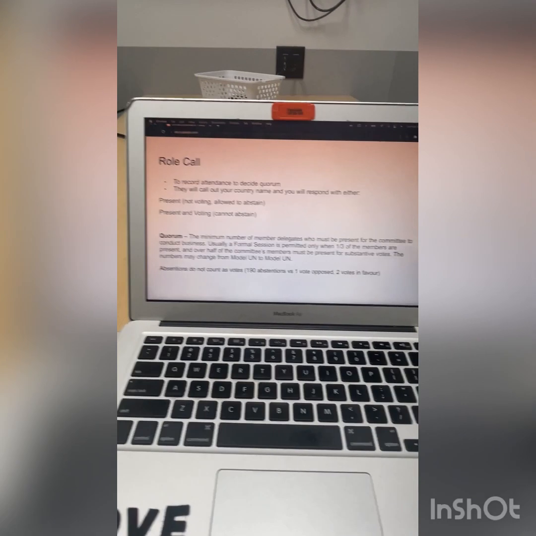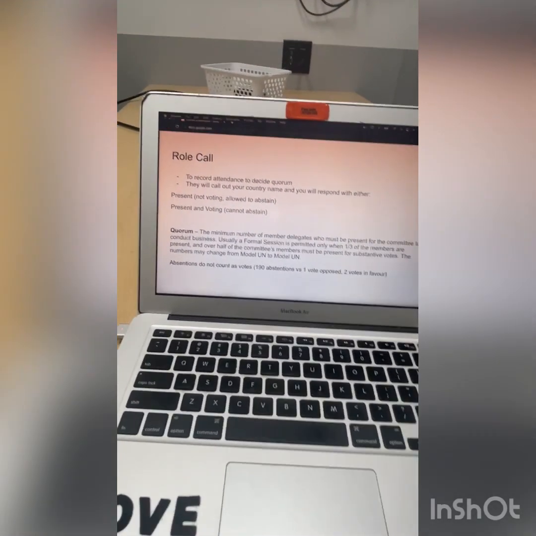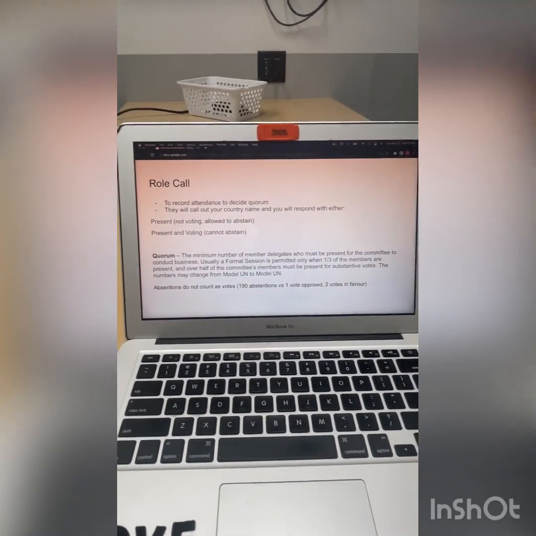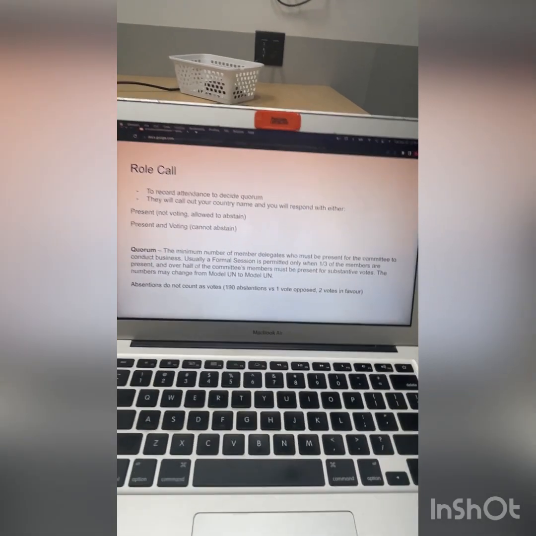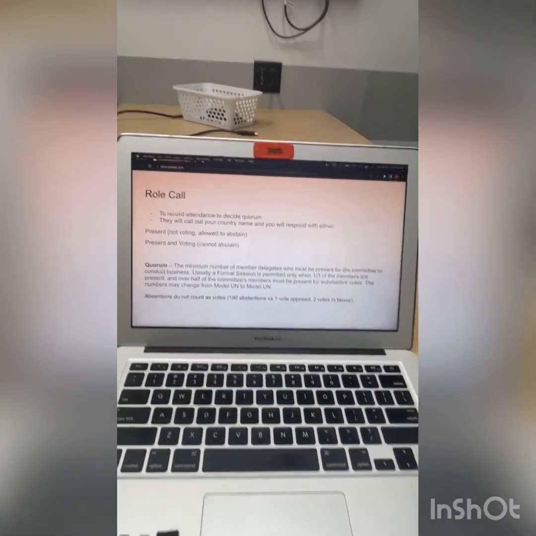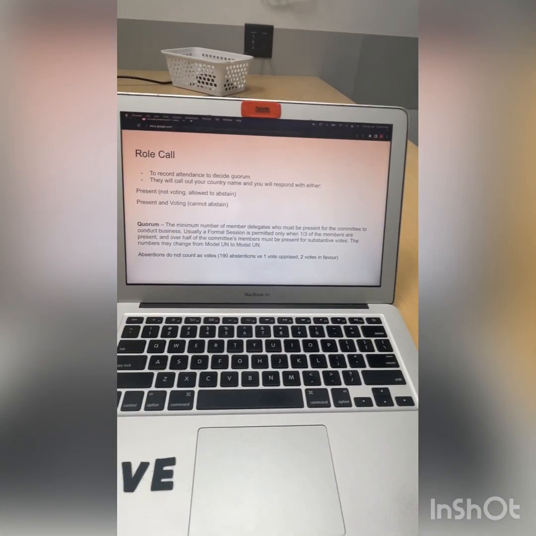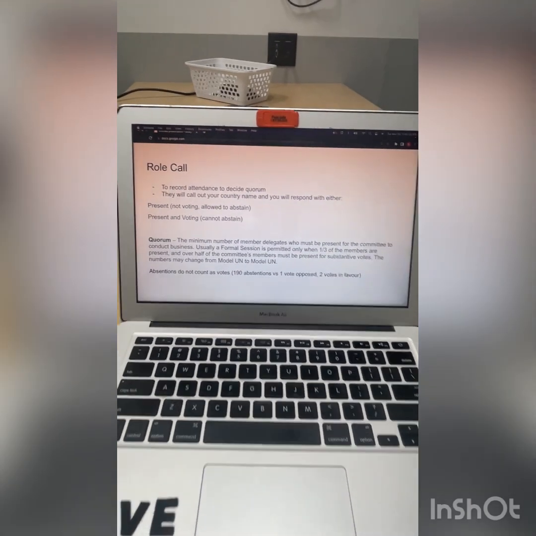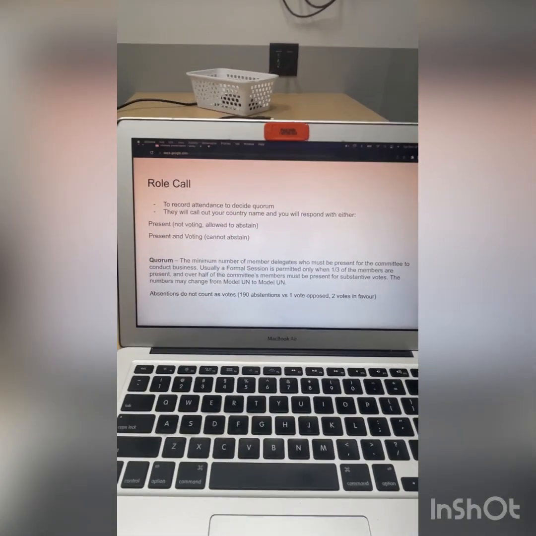But present and voting means you have to vote, and you're not allowed to abstain. Usually bigger countries like the United States and some of the superpowers like Russia will usually do present and voting, whereas smaller countries may not choose to be voting, and they might not be as certain about their substance on certain subtopics, so they would abstain. But abstentions do not count as votes.